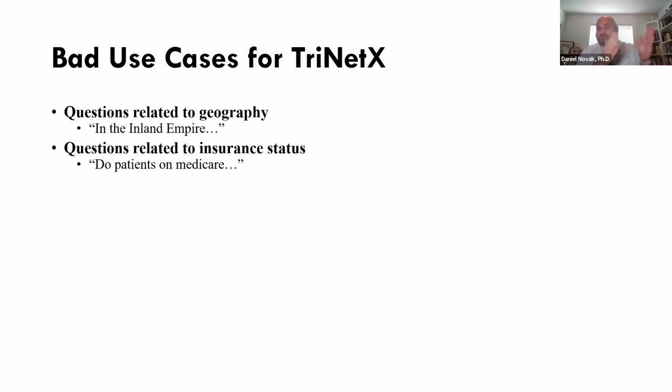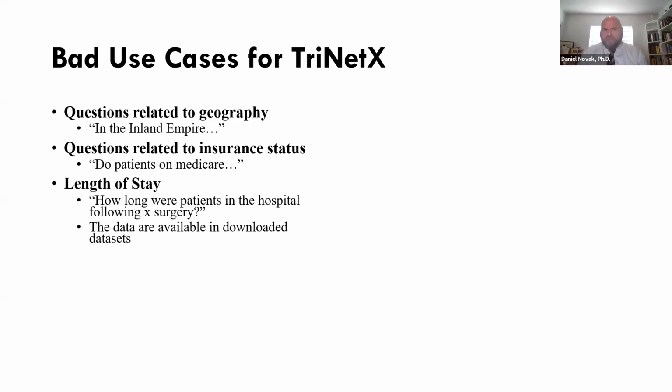Are they on public or private insurance? But at present, there is no way to control for insurance. I hate that we live in a time where insurance status so directly predicts the kind of care that you get, but that is a limitation that we're facing with TriNetX at present. Hopefully that will change in the future, but I just want to make you aware of that.